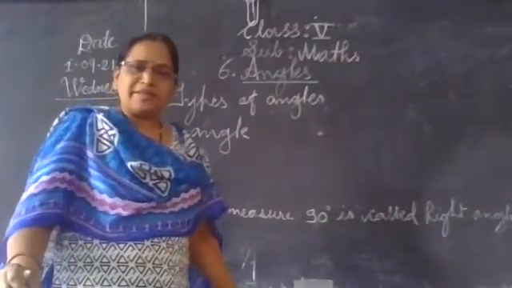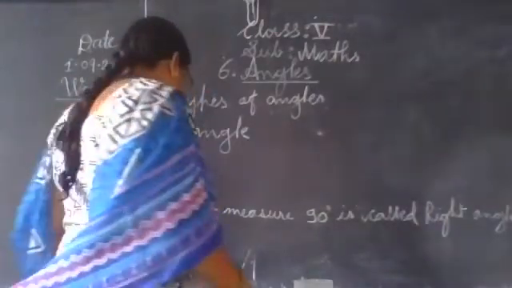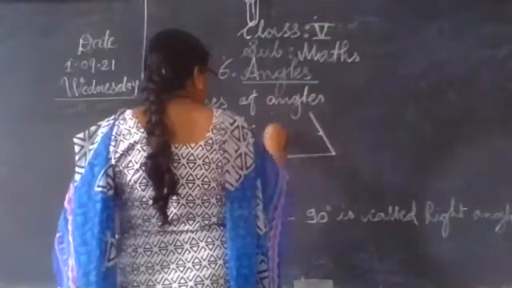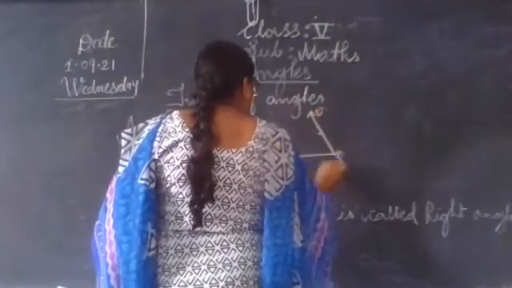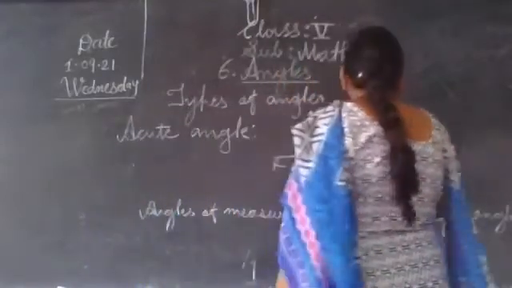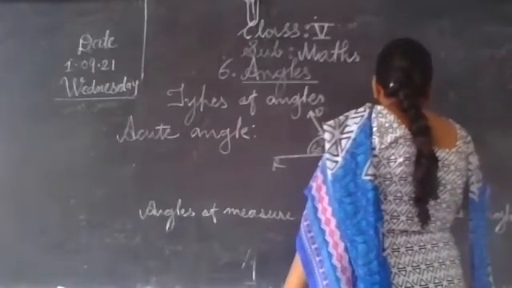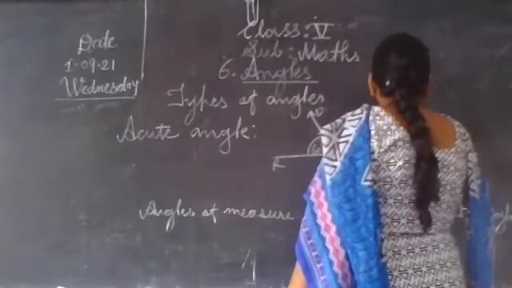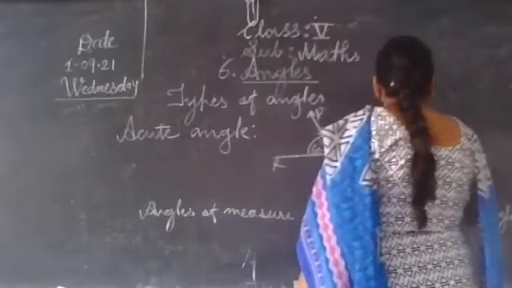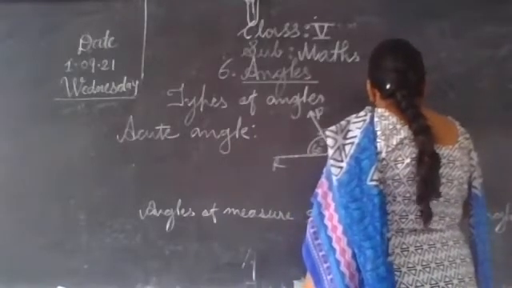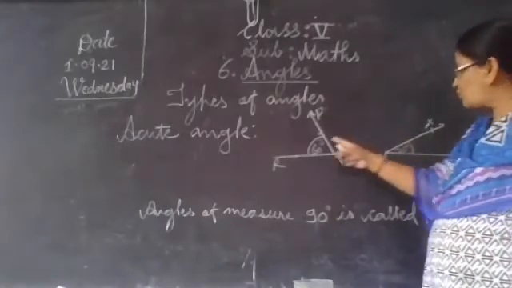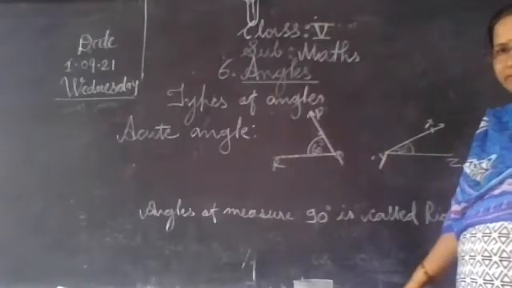All the angles less than 90 degrees are acute angles. For example, 60 degrees, or X, Y, Z, which is 20 degrees. So see, children, only the right angle is shown by the square and others are shown by an arc.